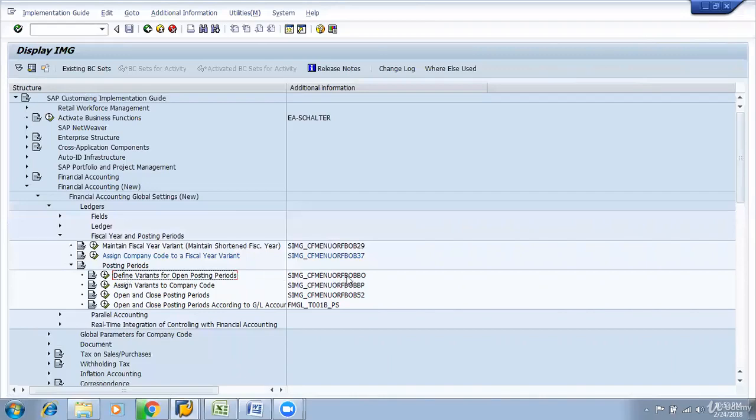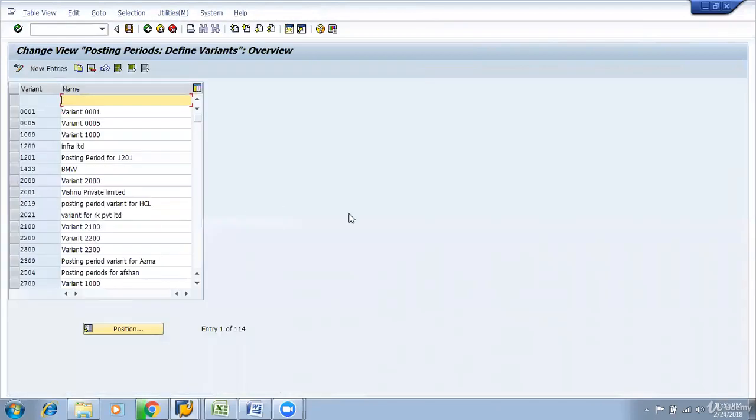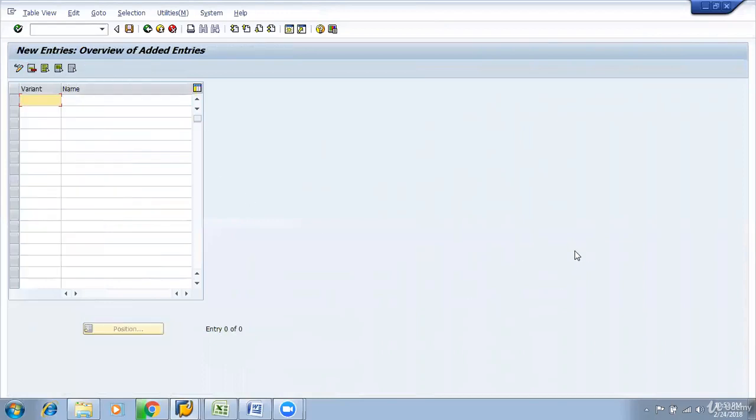The T code is OBBO. Let's head inside. There are certain variants, 114. Let's create our variant. New entries.